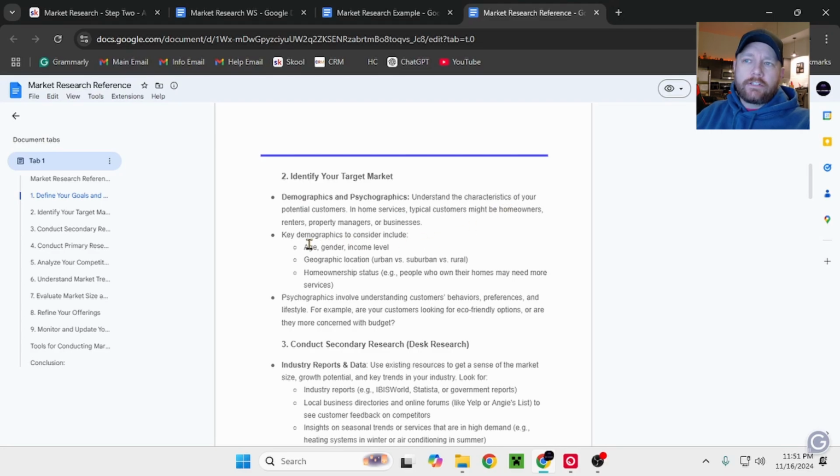Their age, their gender, and their income level. What is their geographic location? Are they living in an urban, suburban, or rural environment? Are they homeowners? Depending on what your company is, with lawn care, homeowners are probably a big one. But depending on your target market, you might want them to be renters, or you might want them to be homeowners. It just depends. So, what is their homeowner status?